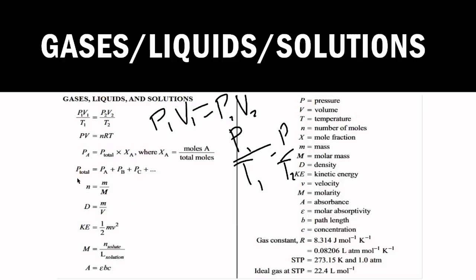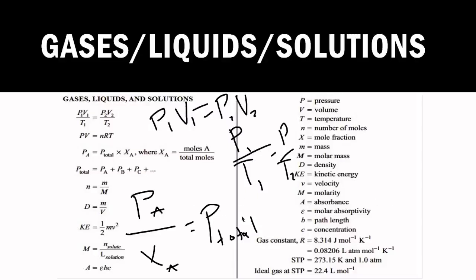Everything else here is pretty simple. You could say PA divided by XA is equal to P total. That's an equation that's not on here technically, but most of these missing equations are just things that you get by moving elements around.